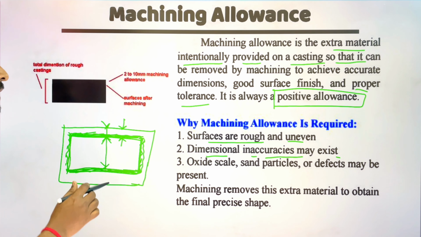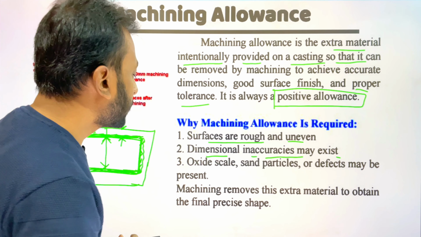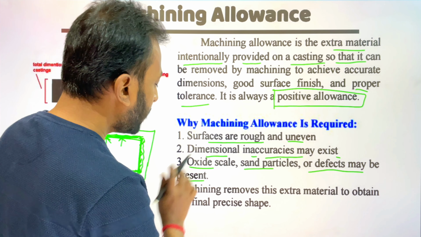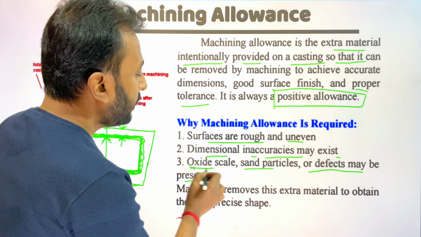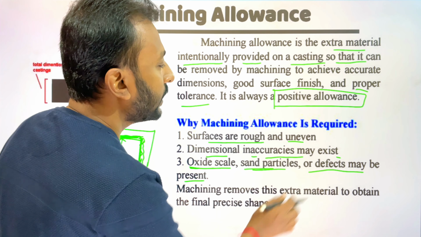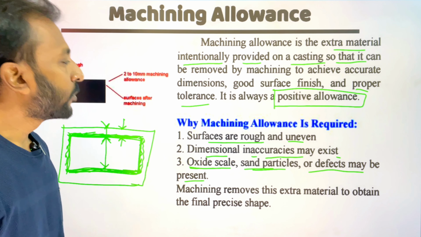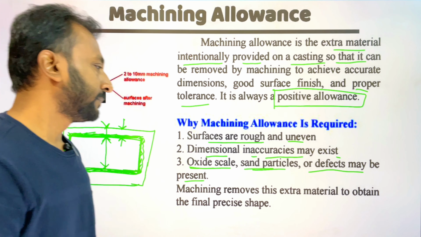So we are machining the surfaces to create accurate dimensions. Oxide scale, sand particles or defects may be present. We are machining the surfaces to eliminate the oxide scale, sand particles or any kind of surface defects, and that's how the machining allowance is added.